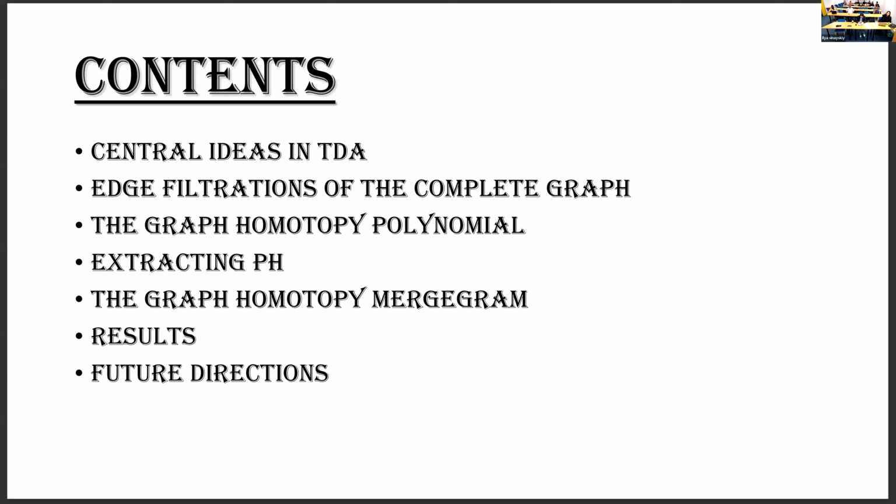We'll then discuss the graph homotopy polynomial, a polynomial which can summarize the details of the graph up to homotopy equivalence. We then look at how we extract persistent homology, a prominent tool from TDA, from a sequence of these polynomials.